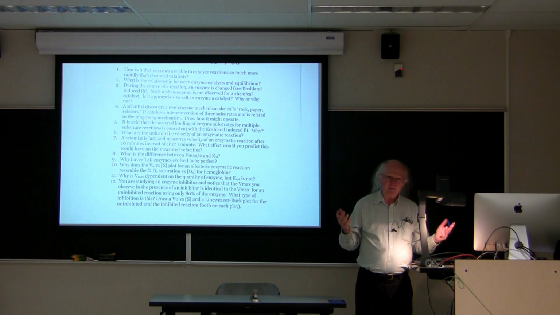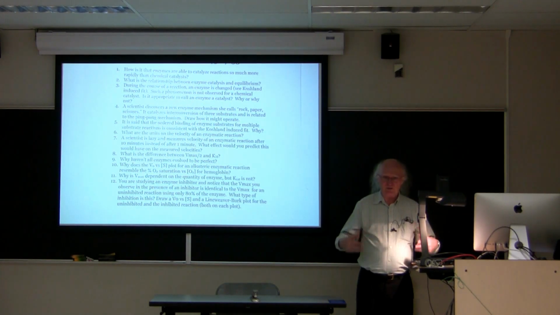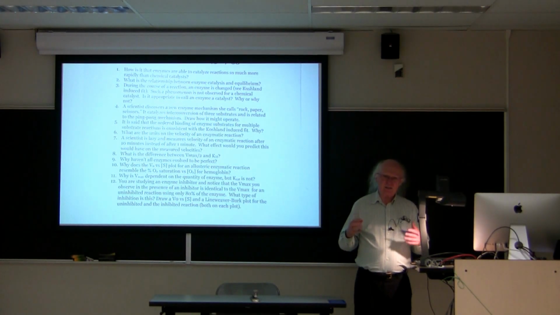So why haven't all enzymes evolved to be perfect? The reason is that it would pose problems for controlling reactions in cells. As we will see, cells have to throttle. They have to control enzymatic reactions. Because if you have a foodstuff, let's say glycogen, which is a polymer of glucose to store glucose in our liver, for example, if that reaction is not controlled, the enzymes that break it down can break it down very rapidly.